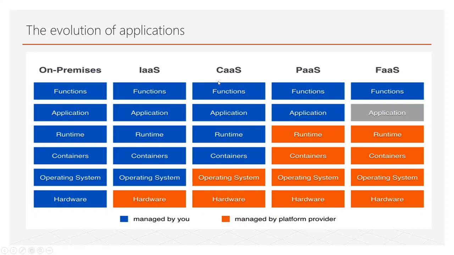Now it comes as container as a service. From now onwards, everything will be used as container as a service, platform as a service, or function as a service. Now coming to container as a service, in Azure we have Azure Service Fabric and Azure Kubernetes. Amazon also provides its own Kubernetes platform, and Google has its own Kubernetes platform.